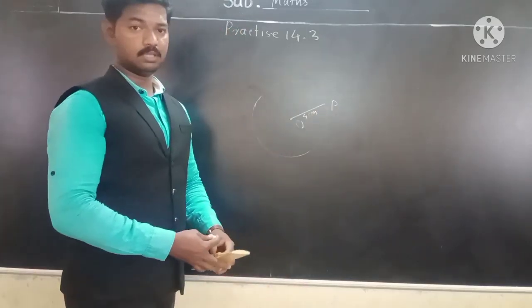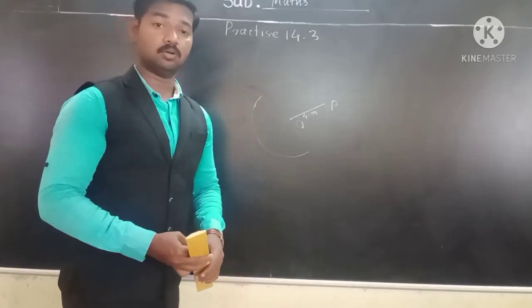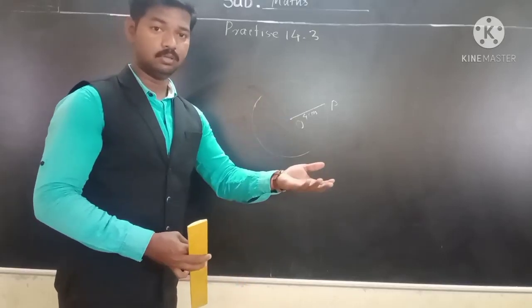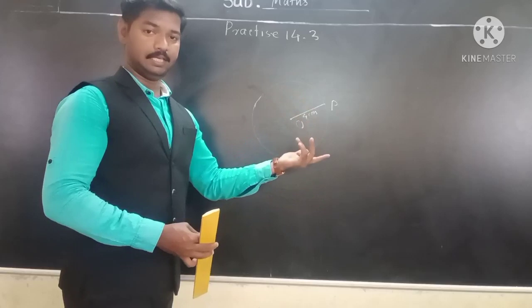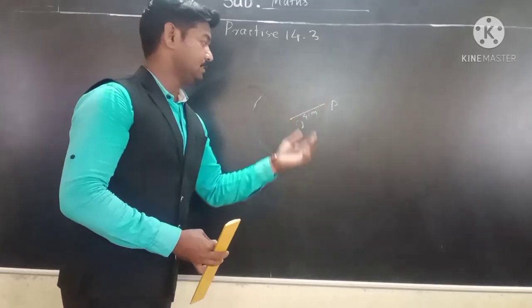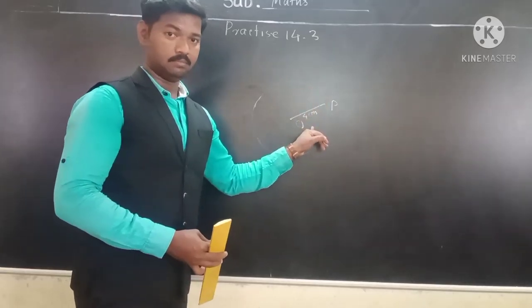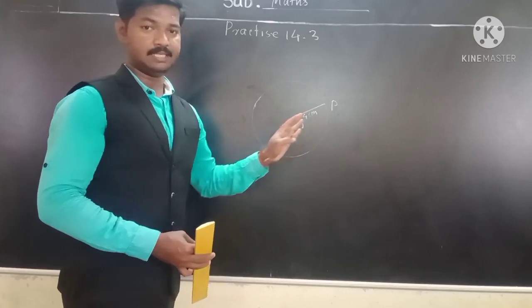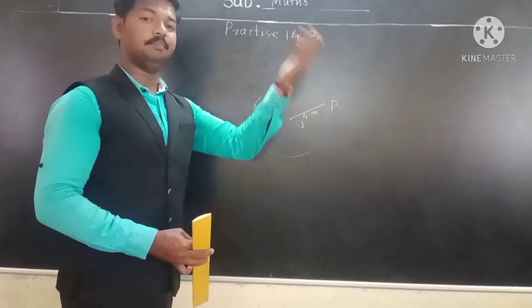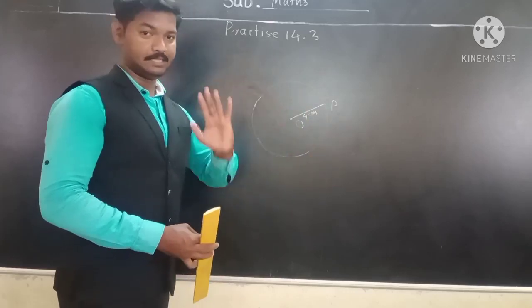And as we have learned, diameter is always double, or 2 times, the radius. If OP is 4 centimeters, it is a radius. If the radius is 4 centimeters, then the diameter will be 8 centimeters.